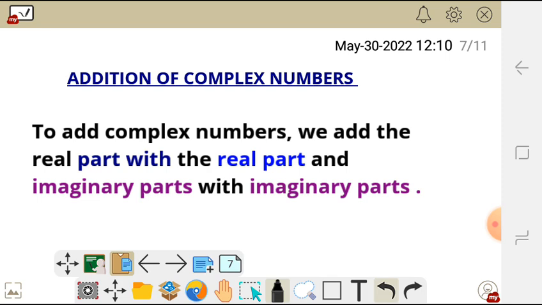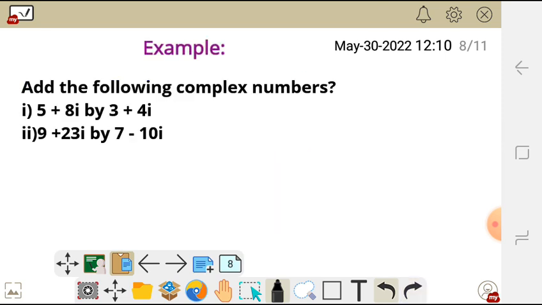If you have two complex numbers, to add them, what you should know is that we add the real part with the real part, and imaginary parts with the imaginary parts. For example, add the following complex numbers.